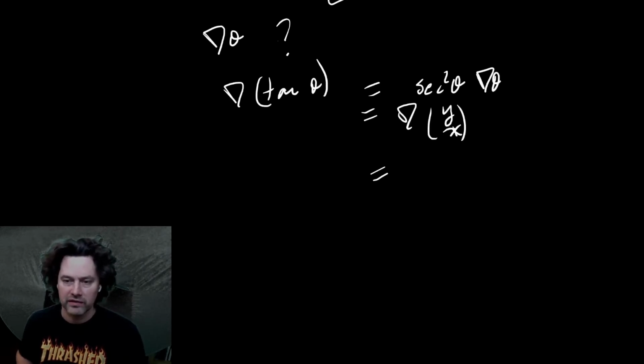So grad of y over x is e2 times 1 over x plus e1 times minus y over x squared.